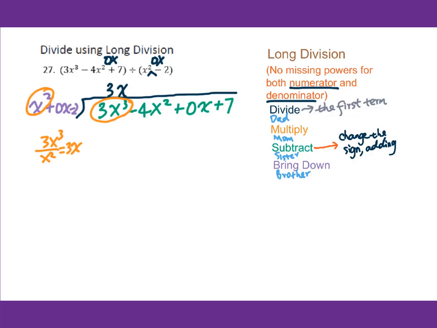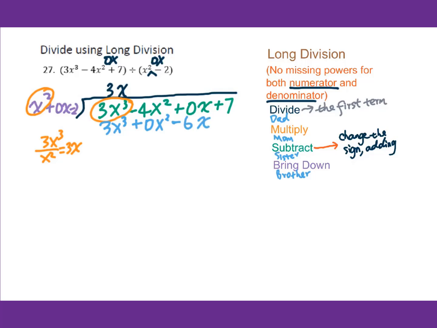Then next step is multiply. For the first term, you will get itself. Then 3x times 0x, that definitely is 0x squared. Negative 2 times 3x, that is negative 6x.